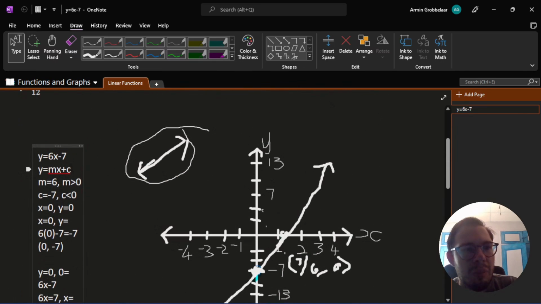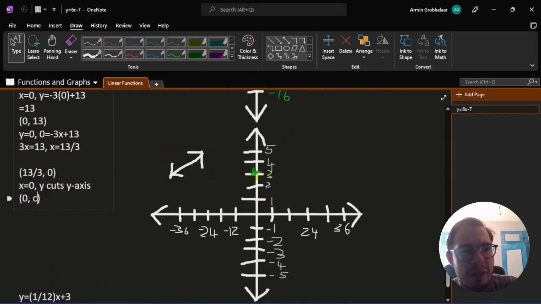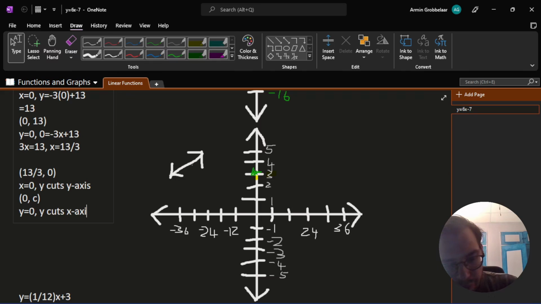So the minus 7 and the plus 13: (0, 13), (0, minus 7). And when y is equal to 0, that will be the point where the function cuts the x-axis. So with this method, you're just getting the points that cut the axes.